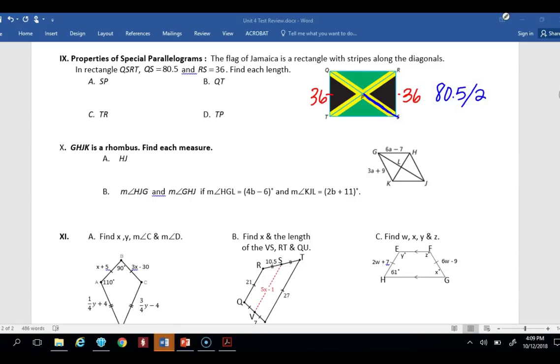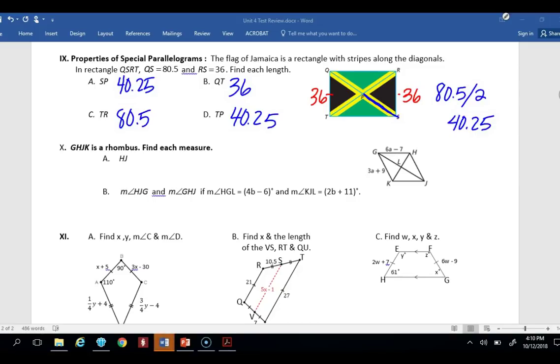That's going to tell us what the length of that part of the diagonal is, and that is 40.25. And then QT is just a side. We've already got that marked. That's 36. TR is a whole diagonal, and all the diagonals are congruent, right? So this one is 80.5 as well. And then TP is, again, a part of a diagonal. And half of 80.5 is 40.25, so that one is 40.25 as well.